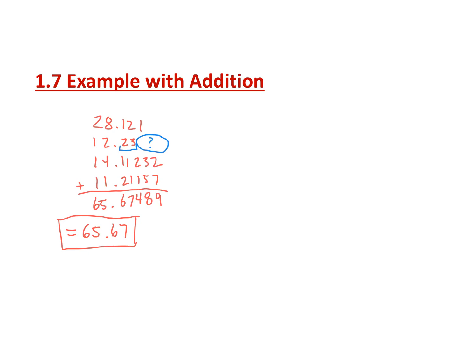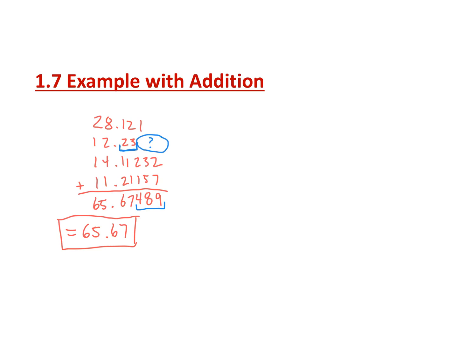And because I'm unsure of anything beyond that second decimal place in the 12.23, that uncertainty carries over when I add things together. And so that means I'm really unsure about anything beyond the second decimal place in the final answer because I was unsure about anything beyond the second decimal place in that second measurement, the 12.23.